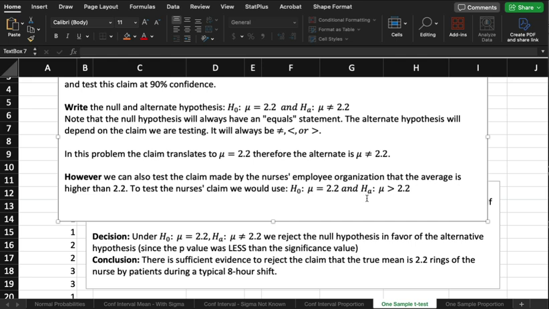So to test the nurses' claim, the null hypothesis is still mu equals 2.2, but the alternate hypothesis is mu is greater than 2.2. We use the greater than symbol because that's what higher than 2.2 means.